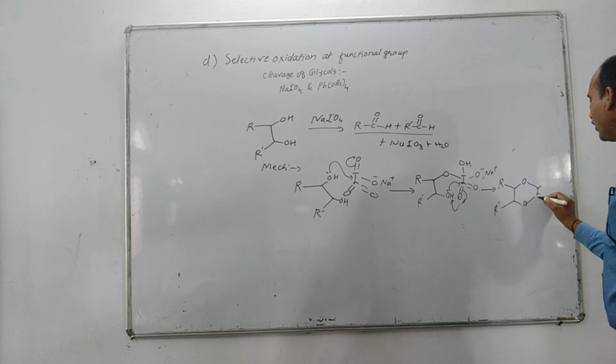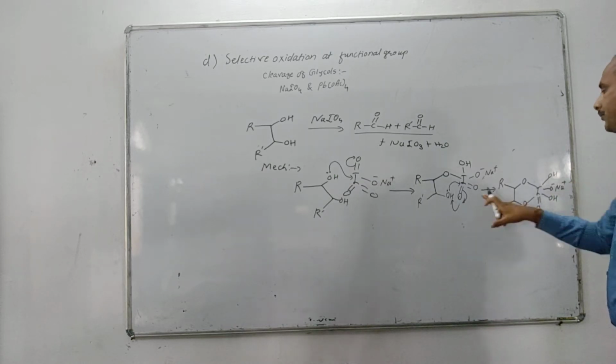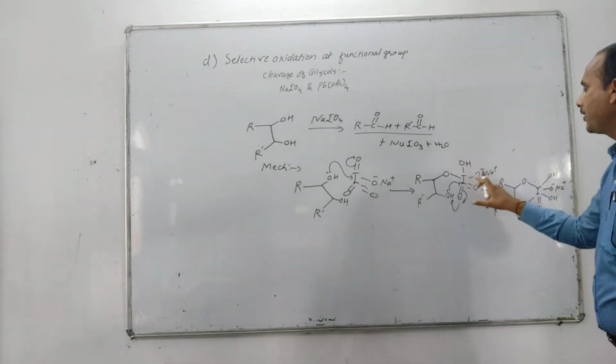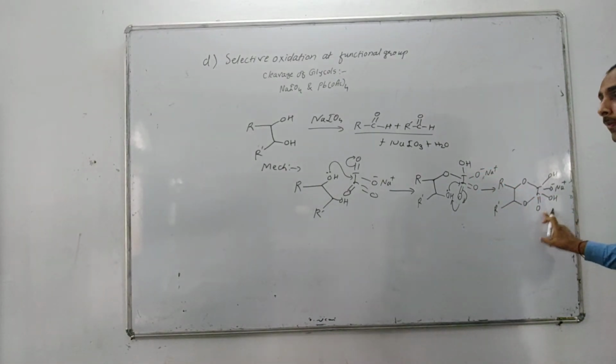I O double bond OH, O minus Na plus. Okay, this becomes OH, O minus Na plus and C double bond, I double bond O.